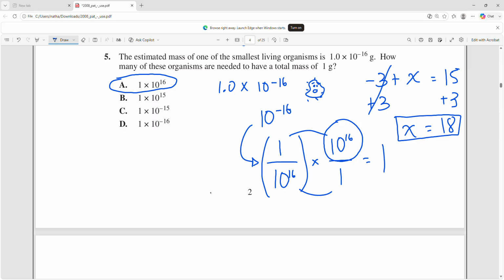So let's maybe just try this again. Hopefully that made sense. Maybe just do another example just to practice.